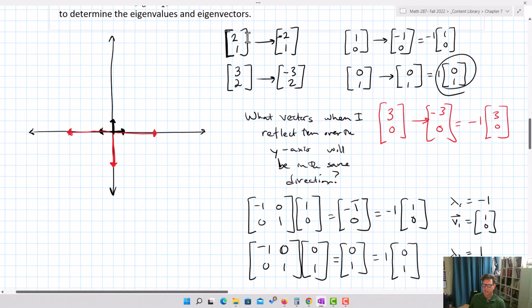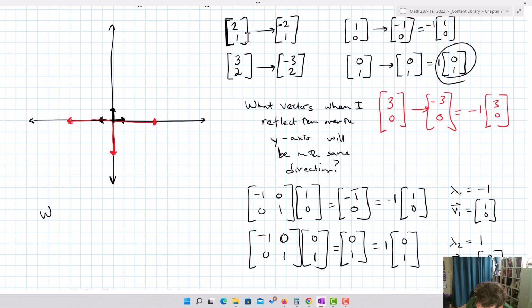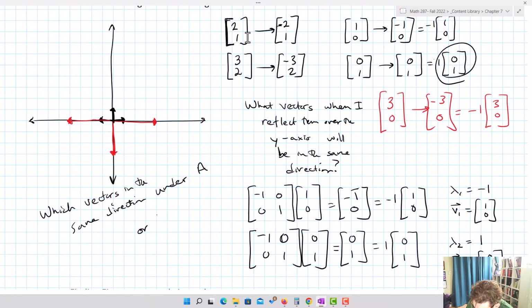So we want to ask ourselves, which vectors will remain in the same direction under A or T, if it was associated with A. Okay? And so that helps us think about what happens to a space geometrically a little bit more.